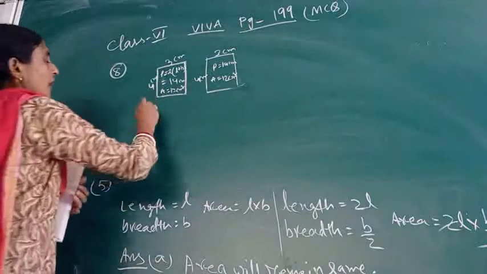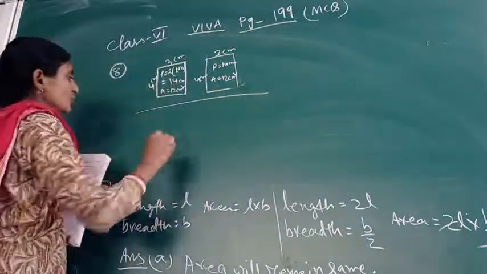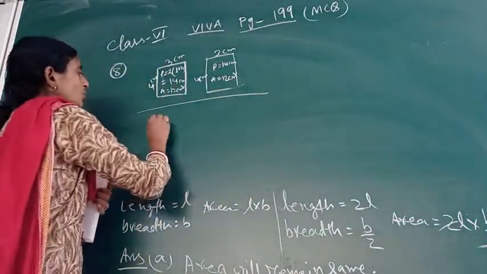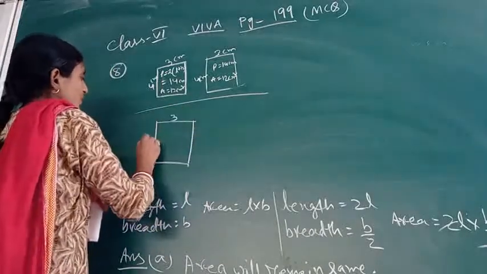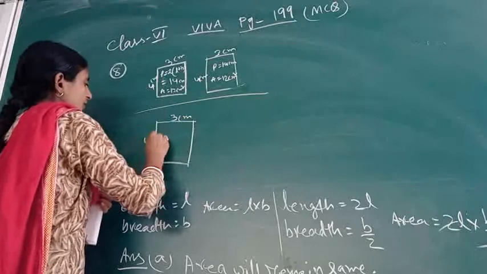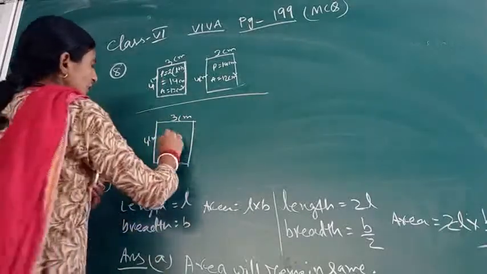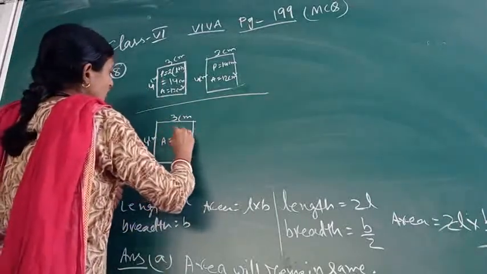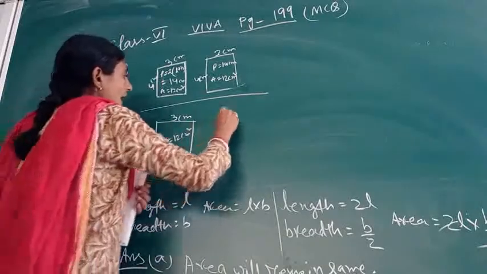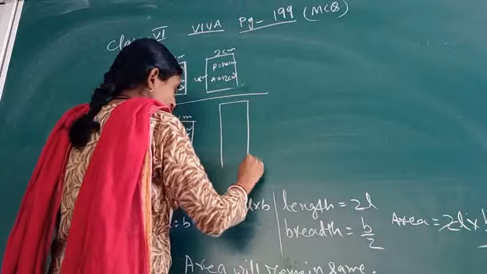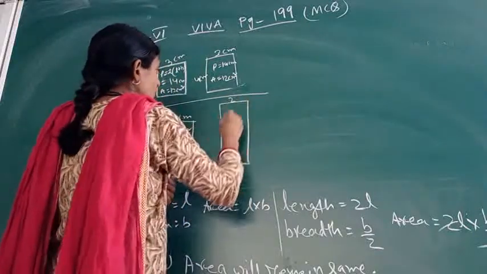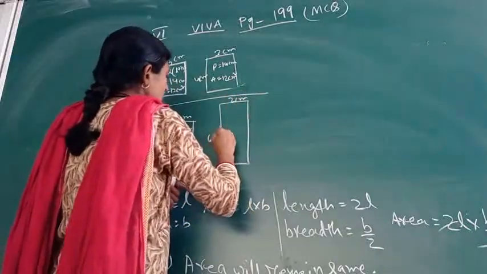But in another situation, suppose I have taken one rectangle, again 3 and 4 centimeter. That means area is equal to 12 centimeter square. Another rectangle I have taken, 6 into 2, that is 2 centimeter by 6 centimeter.